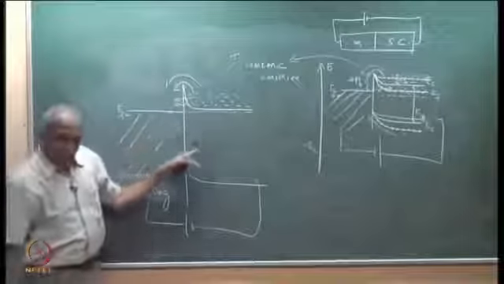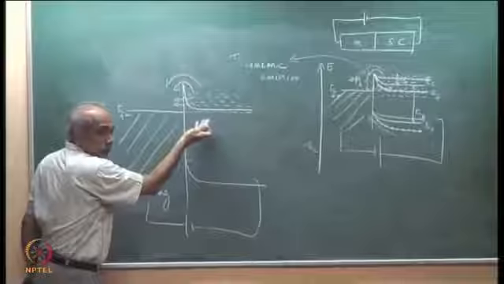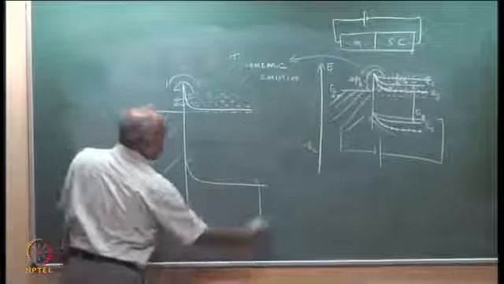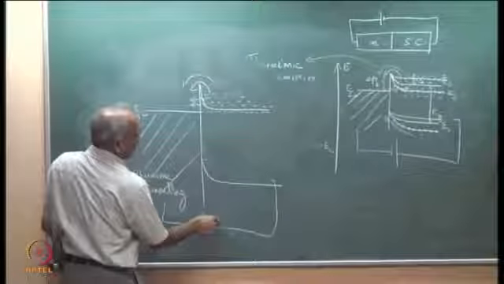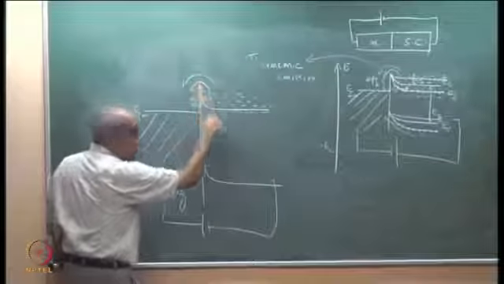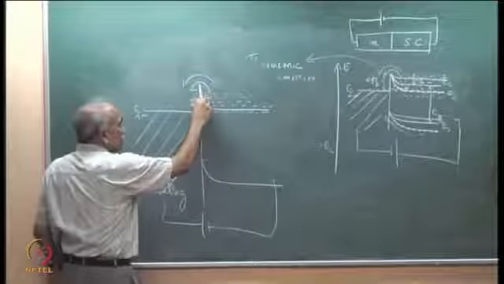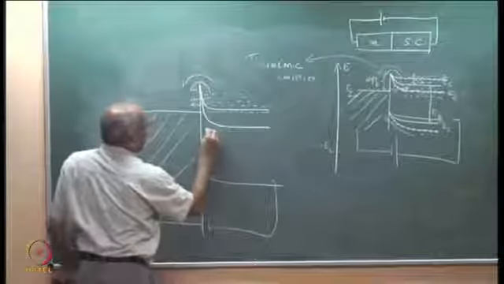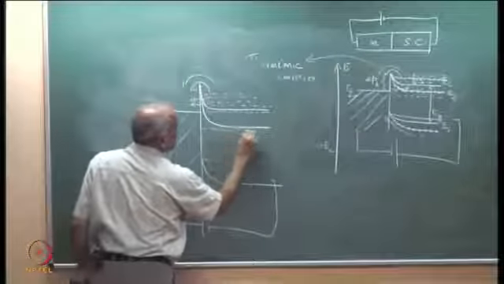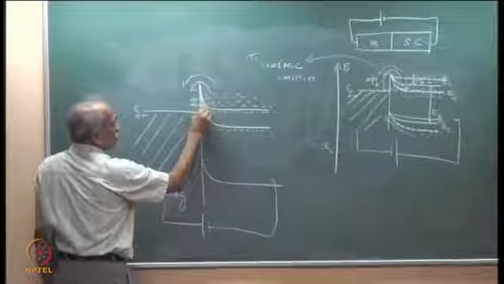If you reverse bias this, which means to the N side you apply positive, this band will come down further. So let me draw in the same diagram. There is a difference in the Fermi levels now. EF has separated out. So this is reverse biasing.